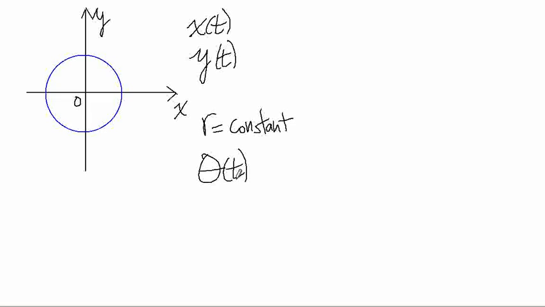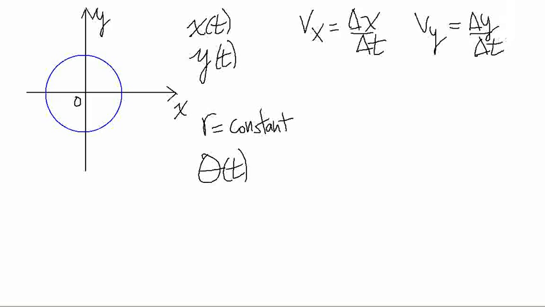Now in rectangular coordinates, we can define v sub x equal to the rate of change of x, and we could define v sub y equal to the rate of change of y. Likewise in polar coordinates we can define a variable equal to the rate of change of theta.